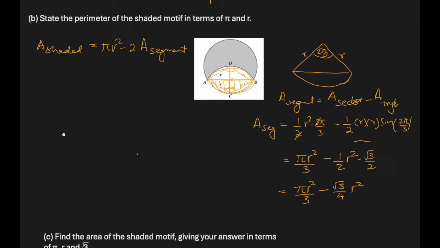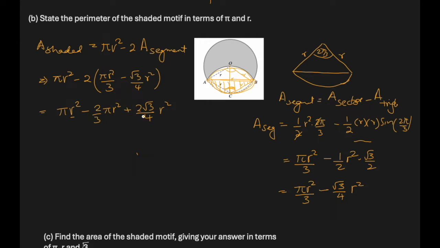So we got the area of segment, this one, we'll just substitute here. Which comes out to be pi r square minus 2 times pi r square over 3 minus square root 3 over 4 r square. What next? We can open this bracket. Pi r square minus 2 over 3 pi r square plus 2 square root 3 over 4 r square.